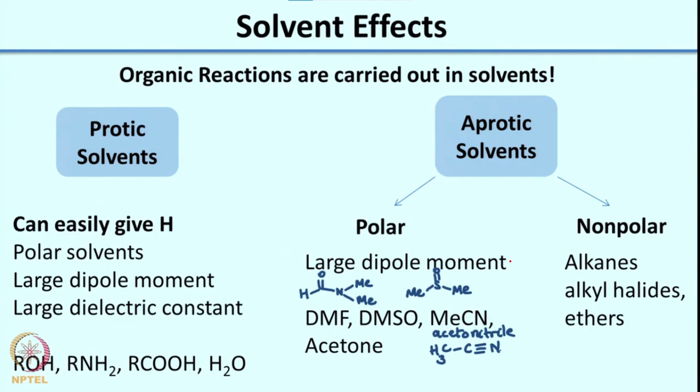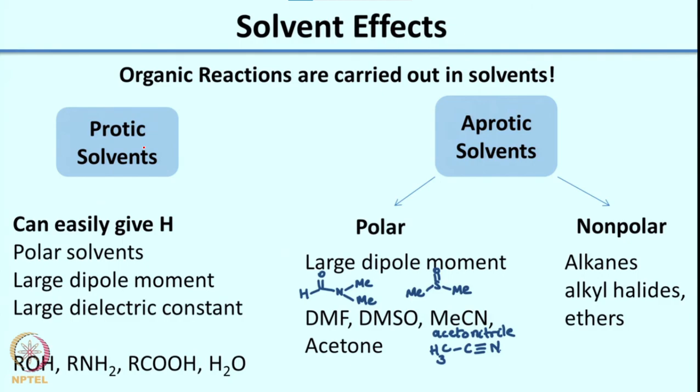Organic reactions are carried out in solvents. There are two types of solvent: protic solvent and aprotic solvent. As the name suggests, protic solvents means a proton should be there, so it can easily give the proton. The solvents which can easily donate a proton are called protic solvents. As it gives up a proton easily, it will be polar only, right?